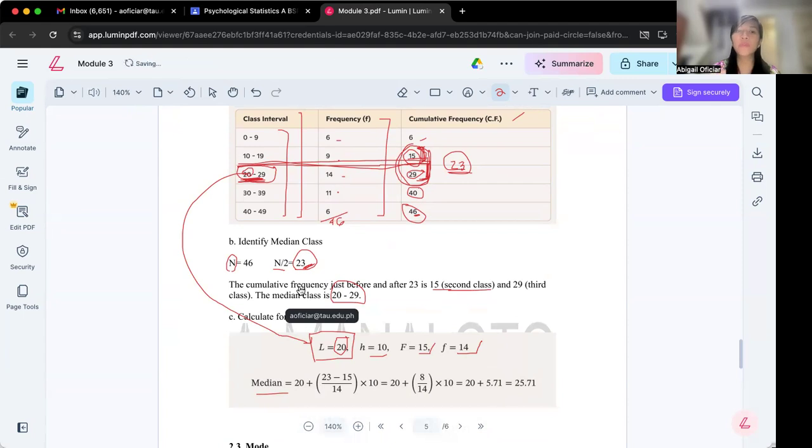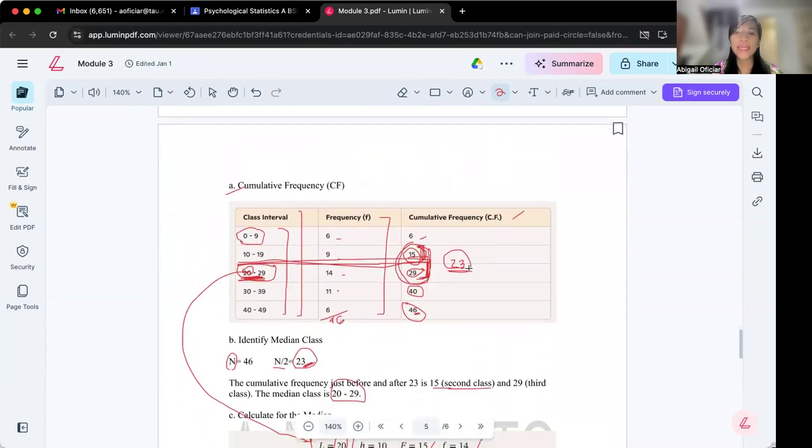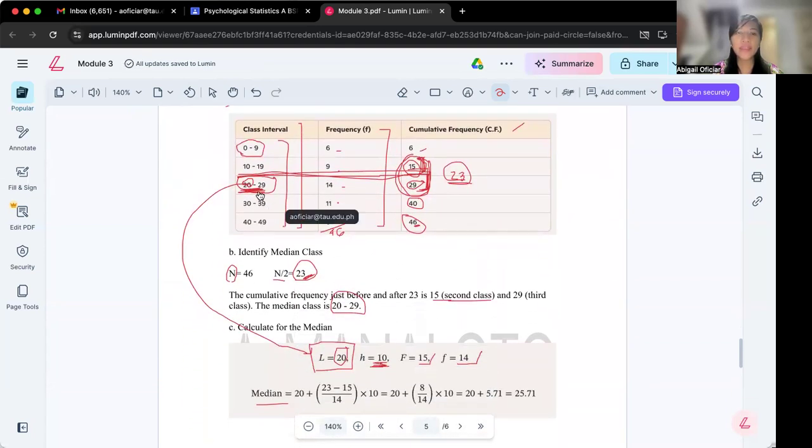Kung titignan natin 0, 1, 2, 3, 4, 5, 6, 7, 8, 9, we have 10. That's our class width. And for big F, the cumulative frequency of the class preceding the median class, ito yung ating median class, ang preceding yan, bago yung 29, is 15. So yung 15 na yan, that is the F.